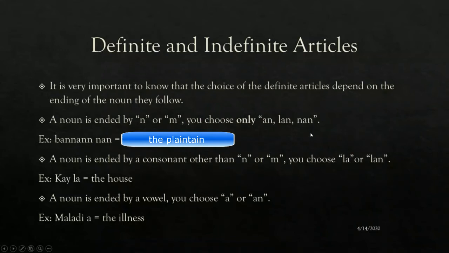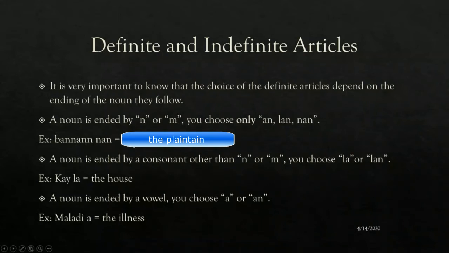Okay, you see how you say the plantain? Us would be like plantain the. If you are translating it word by word, we would have plantain the. So it's gonna be banana. See, that's the article, na.